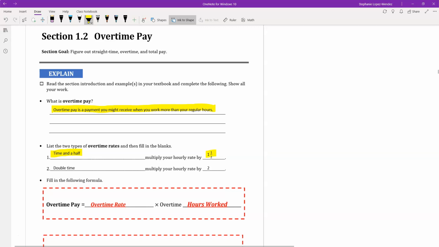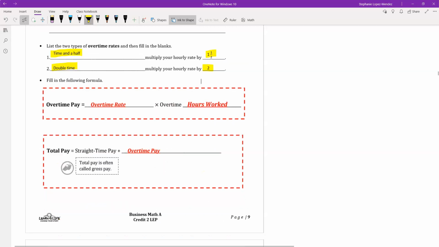The second type of overtime rate is the double time. And this means that your hourly rate will be multiplied by 2. Usually in a workplace, you get the time and a half overtime rate.